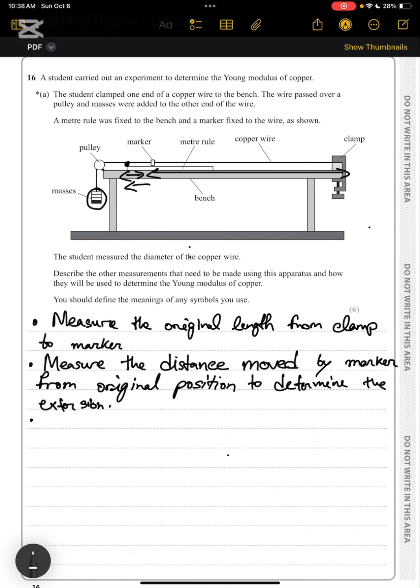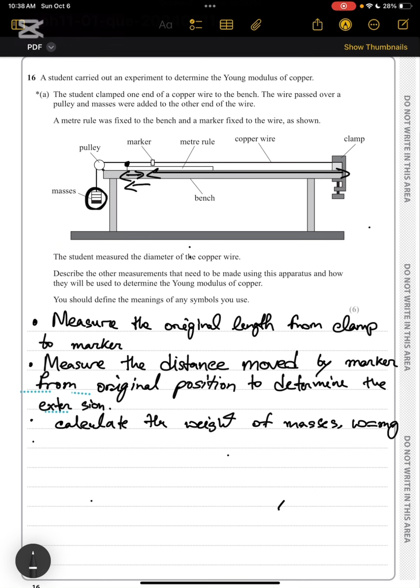And after that, the third point will be we have to calculate the weight of these masses. We know weight is equal to mass into gravity.